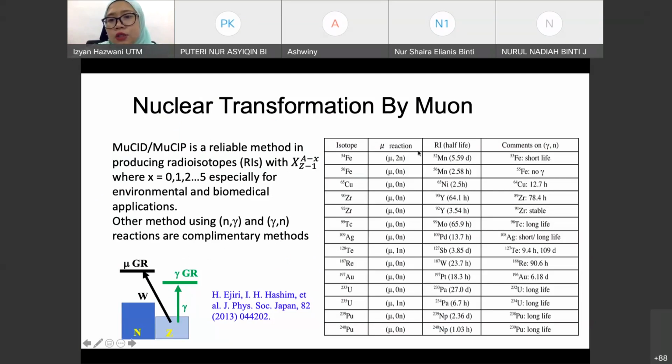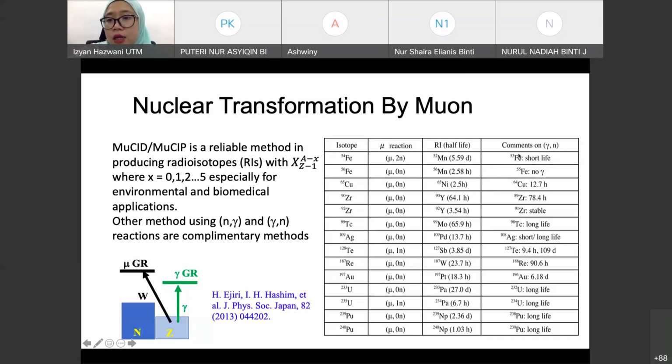If you look at the table on the right, if we are using iron-54, for the muon capture reaction we can produce iron-55, and we can get this manganese-52.